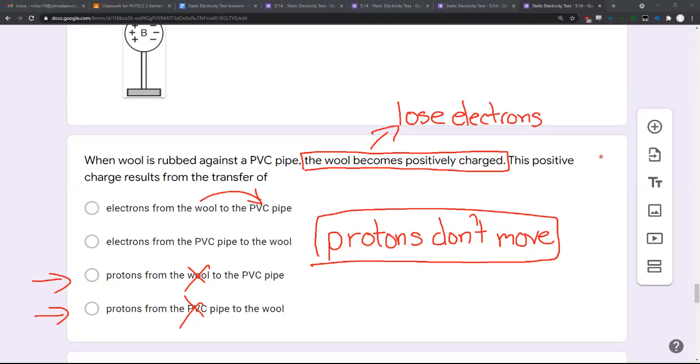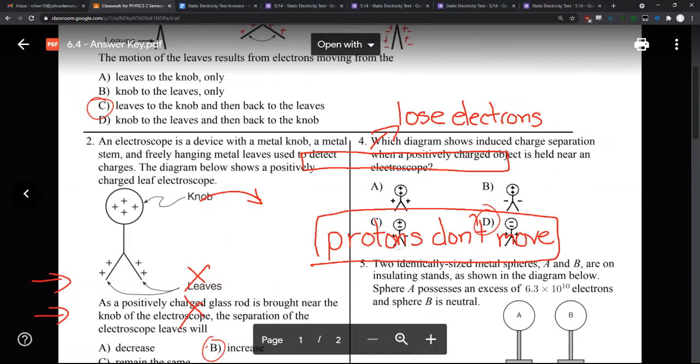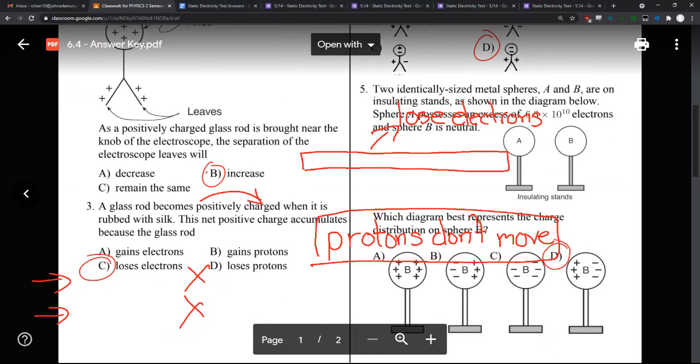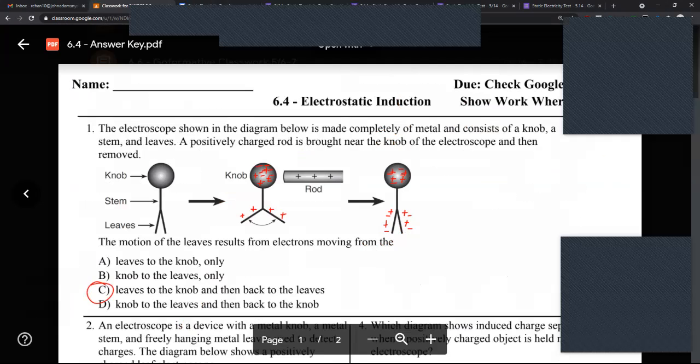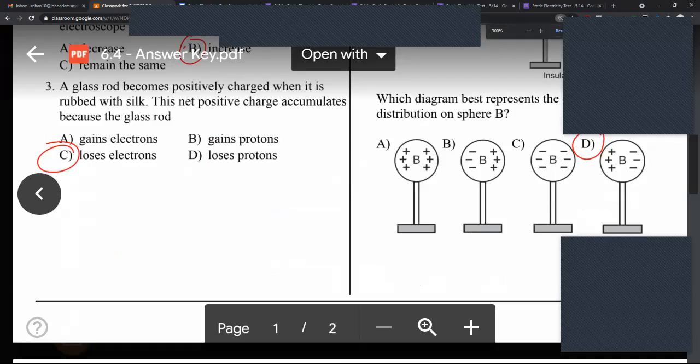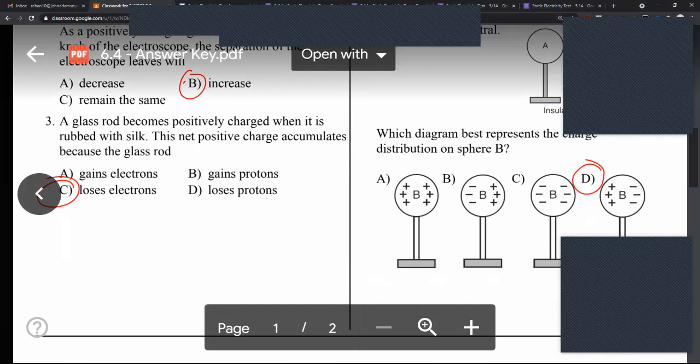This question was question 3 on homework 6.4. I changed a couple of things.